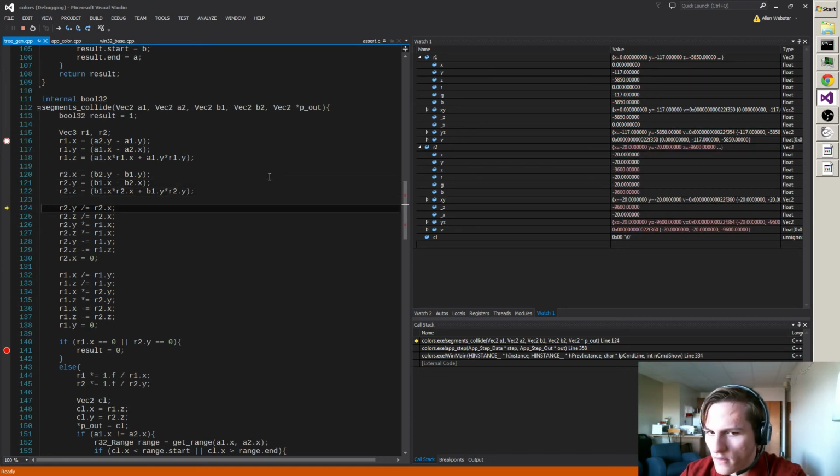Yeah, so the thing that looks most promising is the fact that r1.x came out as a 0. Which means that these two guys have the same height, right? 50 and 50? Yeah. Okay.